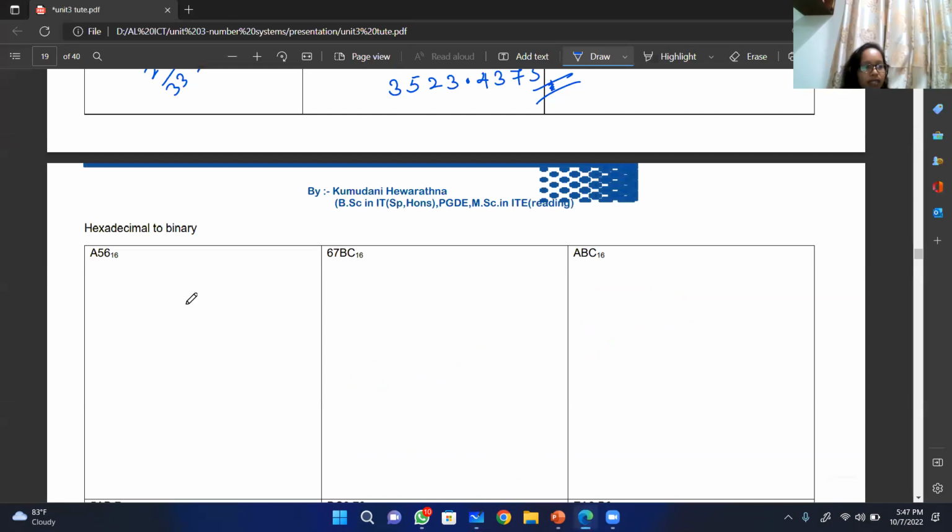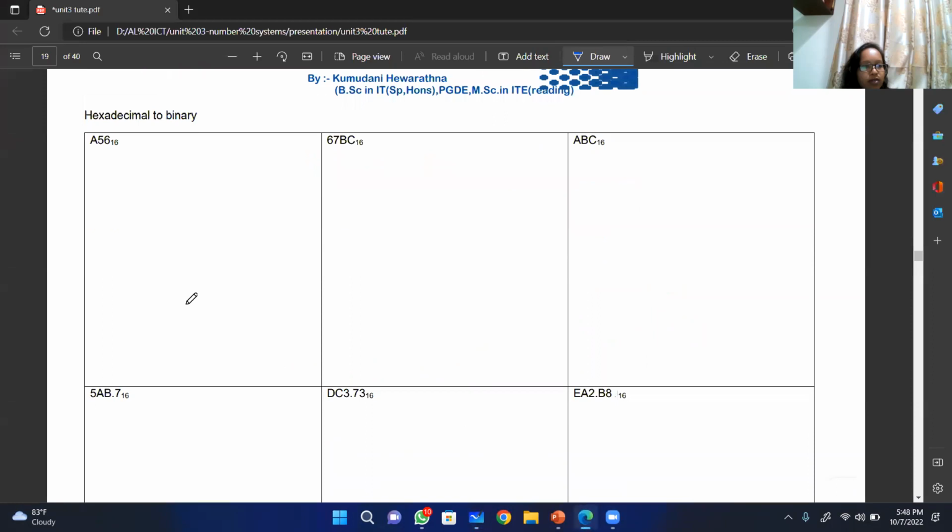Then we'll move on to the calculations. Page number 19, hexadecimal to binary. First one, A5616.